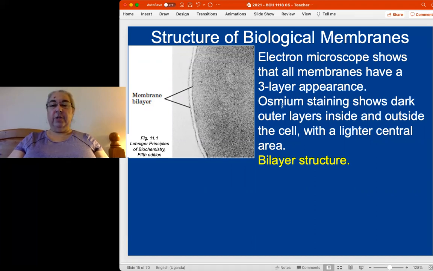This is a technique which uses osmium, a metal, to interact with the outside of a membrane to give it a very black appearance so that we can see it easily with the electron microscope. If you look, you can see very easily that there is a thick black line, a pale center, and then another thick black line. So this is the lipid bilayer structure of the cell membrane.